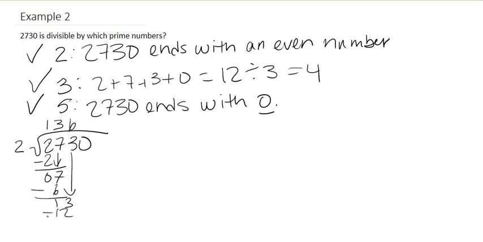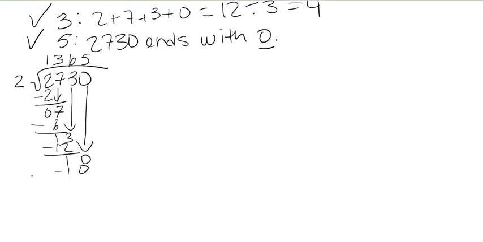So we put 12, and we will subtract. 13 minus 12 is 1. We'll bring down that 0. And now we get 2 goes into 10 5 times. So we got minus 10. And we get 0, which is perfect. So now we have 1365.